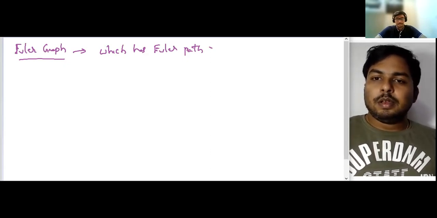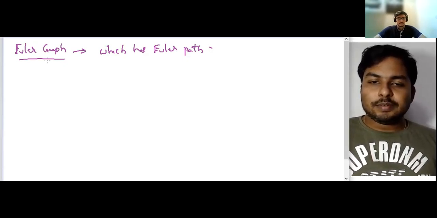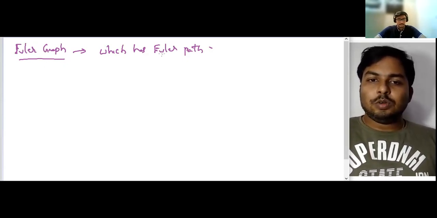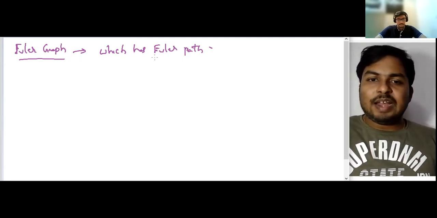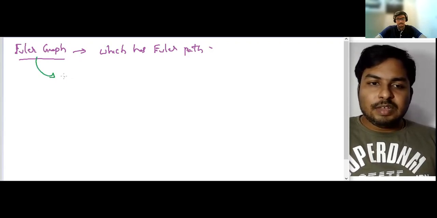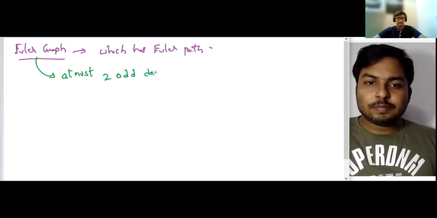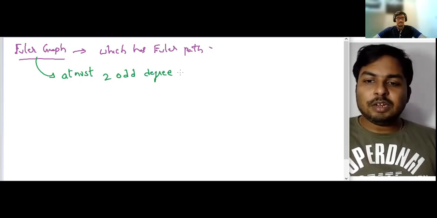Yes, sir. Now, how to identify that a graph is a Euler graph? Every time you cannot do hit and trial method and find out a Euler path. So very simple. The moment you see a graph, in a Euler graph, at most there will be 2 odd degree vertices.